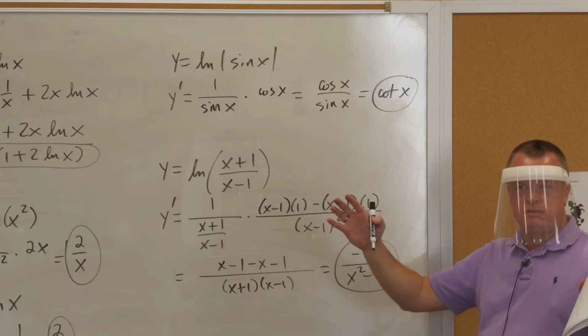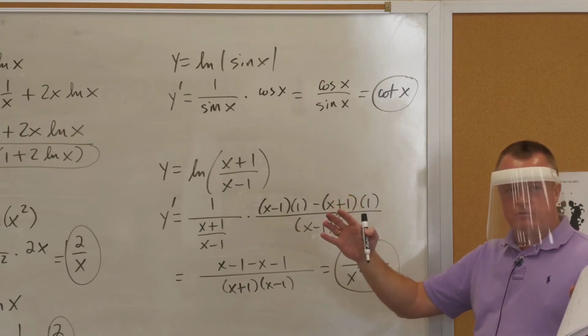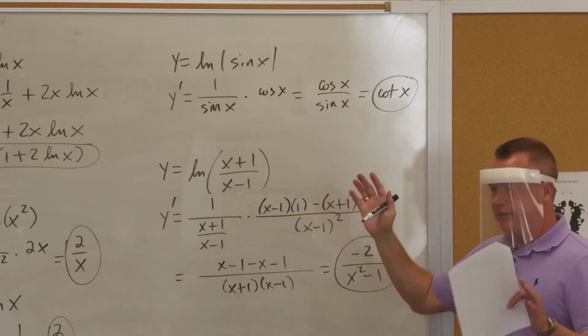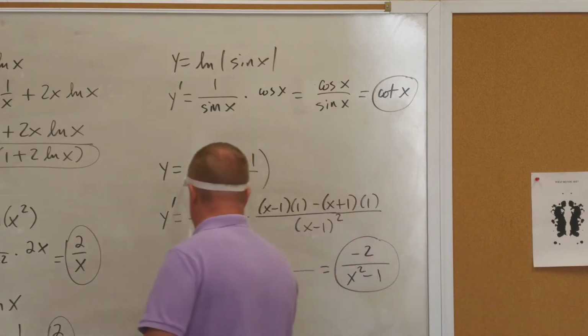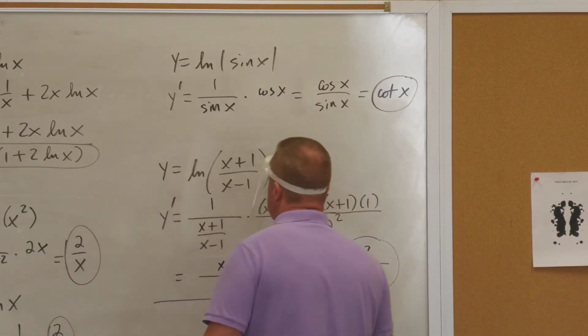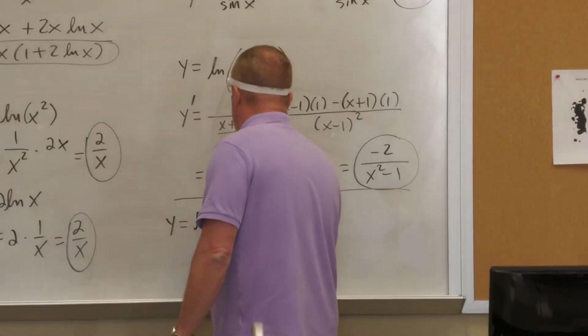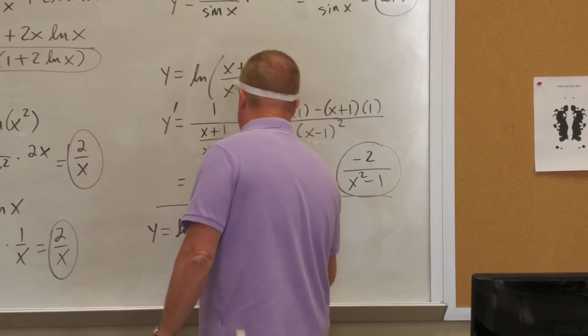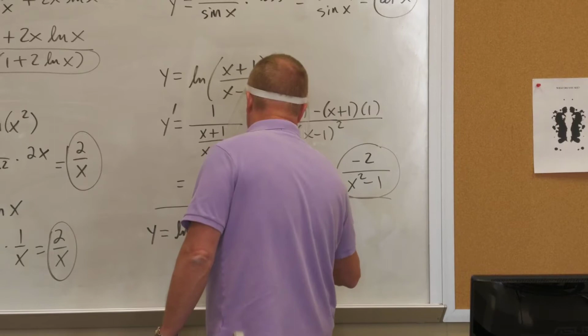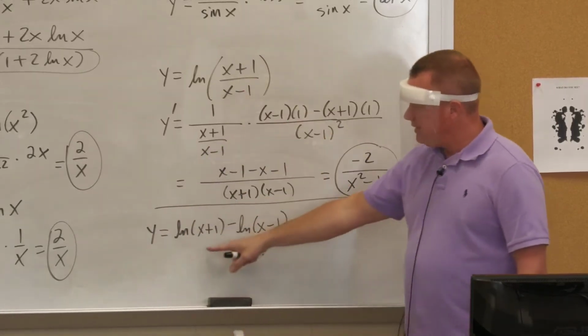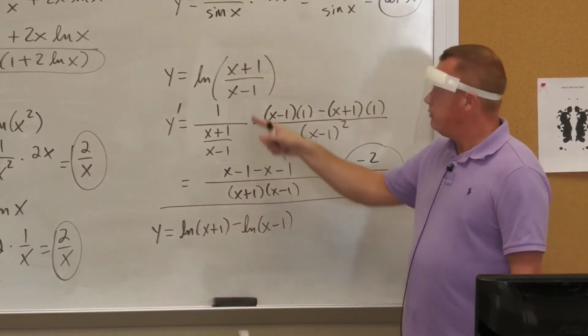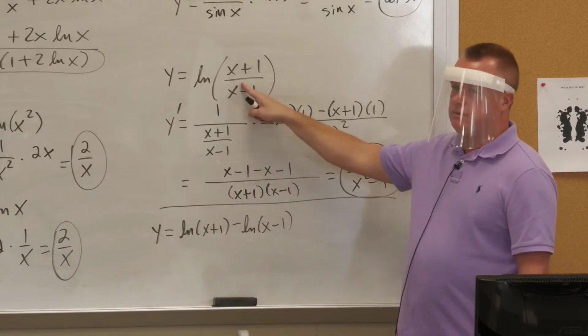Remember that? No? All right, here it is. You could rewrite that as y equals the ln of (x plus 1) minus the ln of (x minus 1). That would be expanding that log. Going from here to here would be condensing into one.